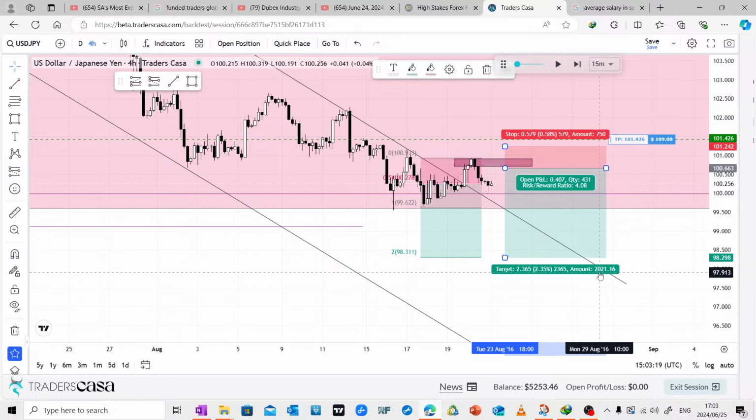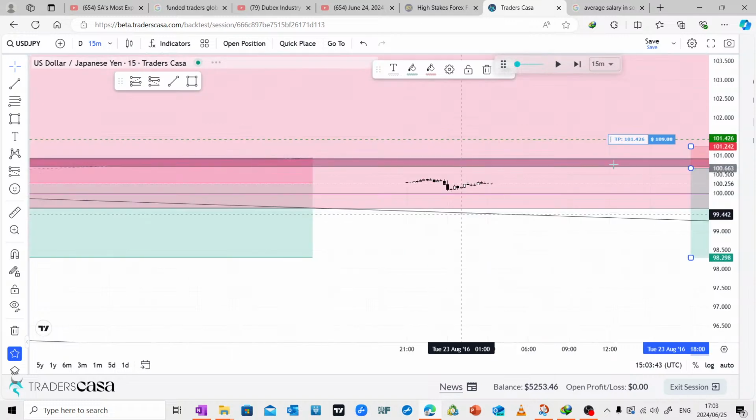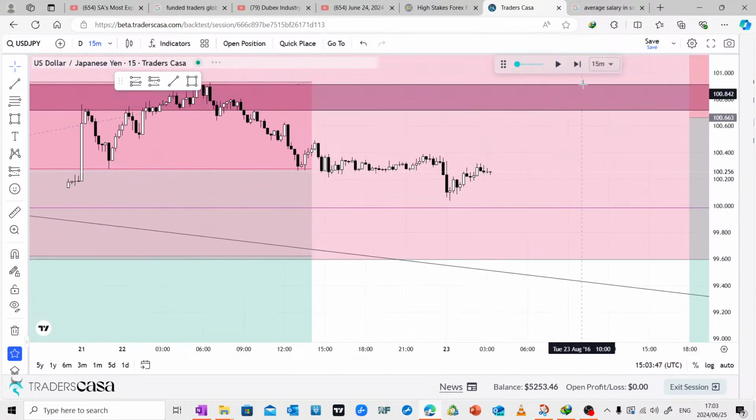So the target is 200 pips, for risking 75 pips stop loss. So right about there, I think let's just keep playing and wait for the market to come back to those regions in the 15-minute chart. So let's play it.